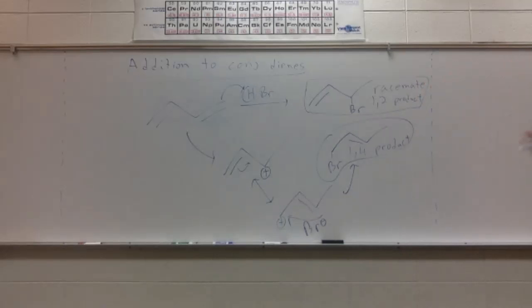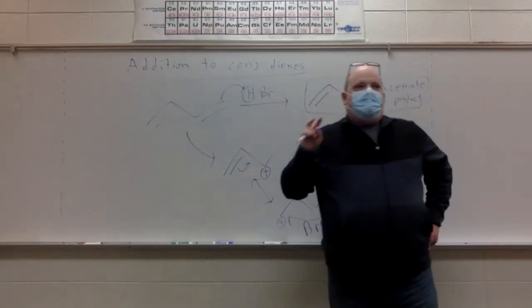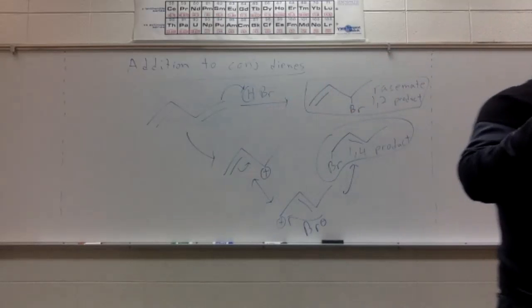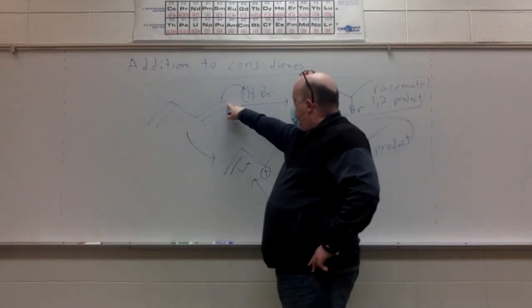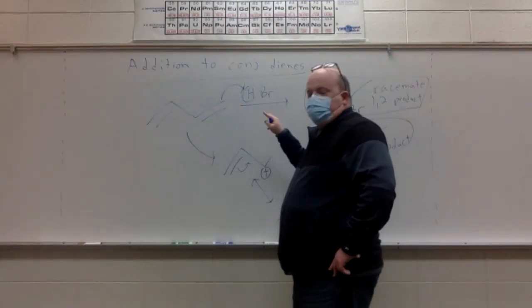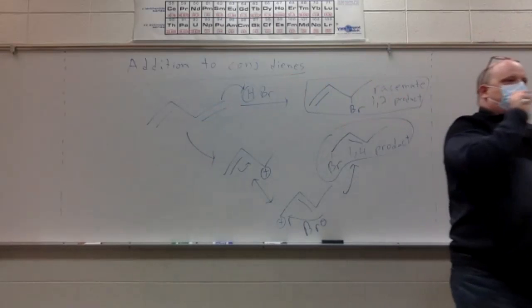When you see 1,2, that doesn't necessarily mean the carbon number, although it kind of does in this particular example. It just means that the H and the Br get added on two consecutive carbons, right? H went here, Br went here, two consecutive carbons. It's like you're counting 1, 2.